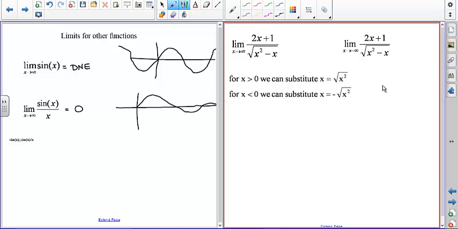That's because the square root of something is plus or minus; the square root of 9 is plus or minus 3. So the way you would handle evaluating these limits is you would take 2x plus 1 and multiply by 1 over x, and you do the same thing in the denominator.